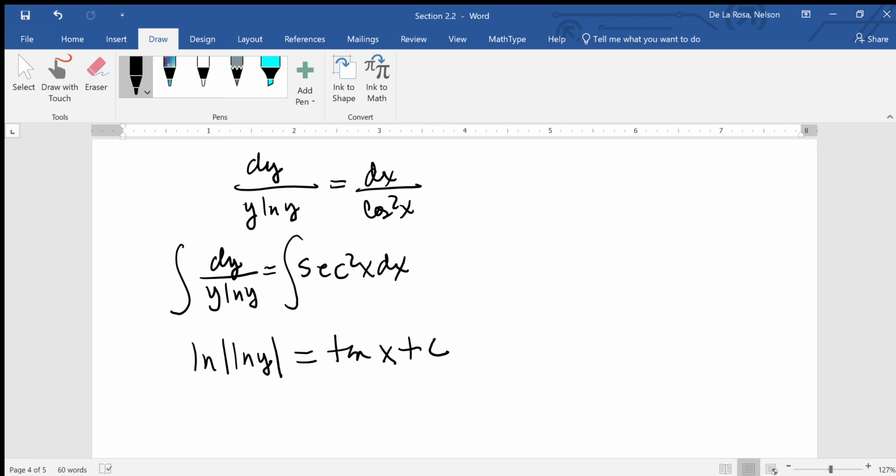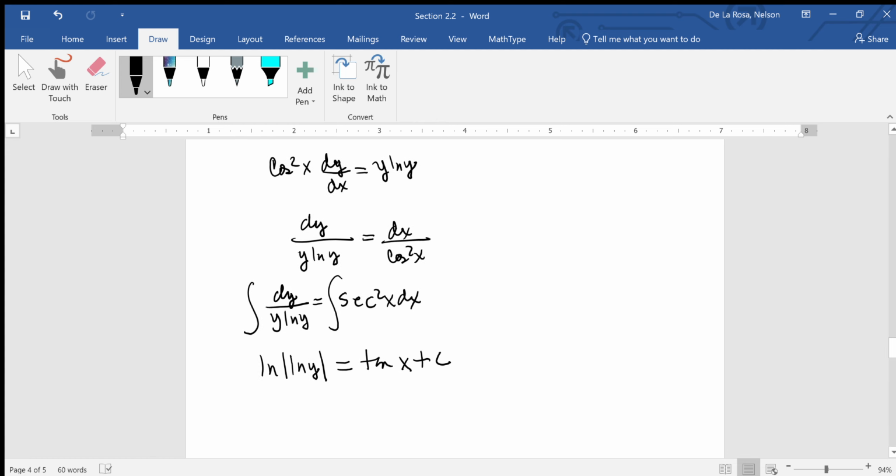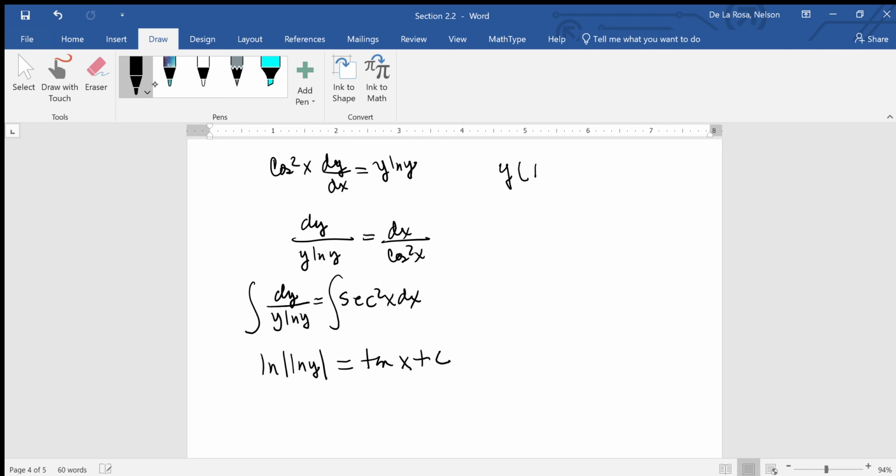So now a condition is given. So we replace the condition in the solution we found. The condition is y of pi is e. Remember, this is equivalent to pi comma e.